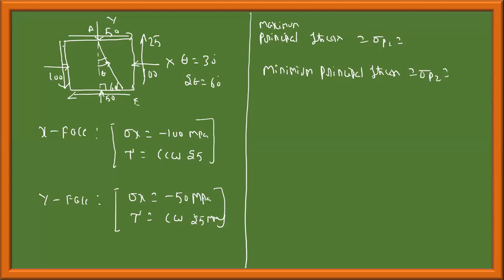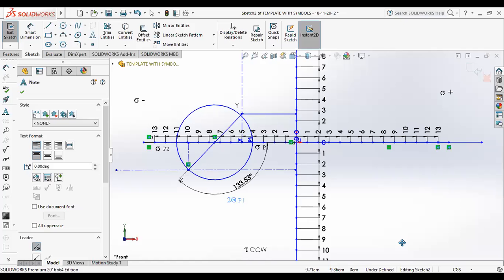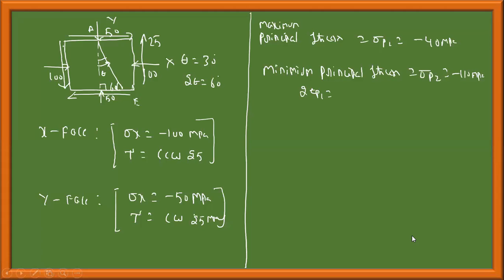Since it is on the negative side, sigma p1 is minus 40 MPa, sigma p2 is minus 110 MPa, and 2 theta p1 is equal to 134 degree.